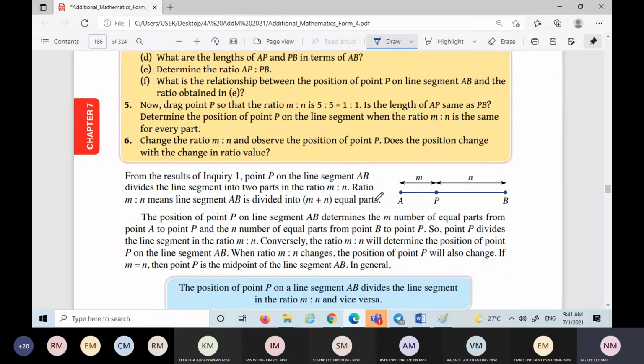This one you have to know. Just now, m plus n altogether is 10, 10 equal parts in the example. So this one I want you to copy as your notes, this and then this diagram.